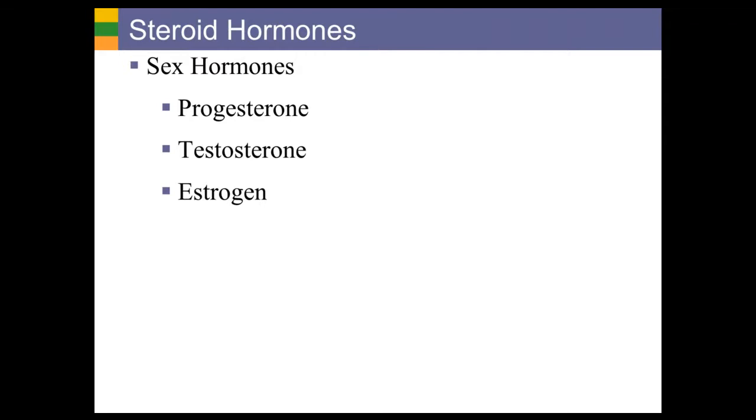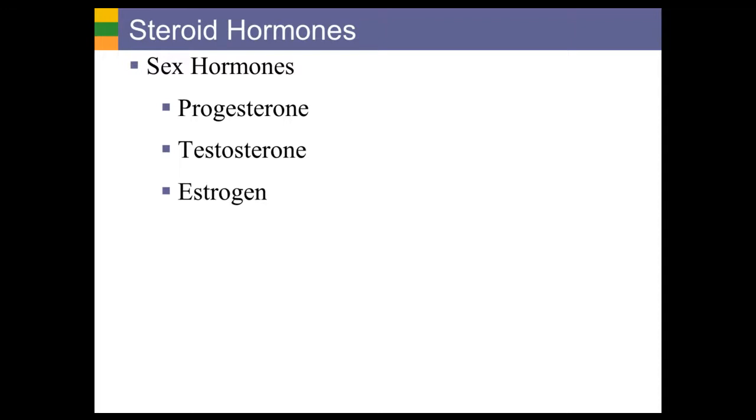Thankfully, that's very easy because there are only 6 hormones that we're going to talk about that are steroid hormones. So all you have to do is memorize the 6 that are steroid hormones, and then you'll know their mechanism of action is binding directly to the DNA. Every other hormone is going to work through a different mechanism that we're going to talk about.